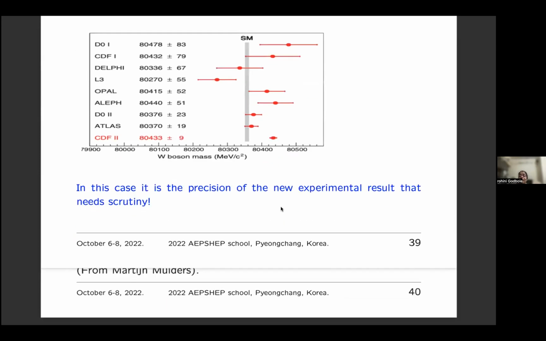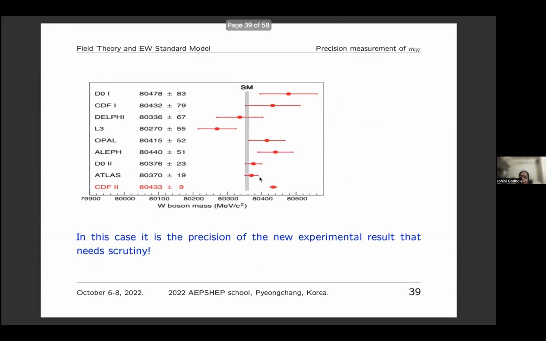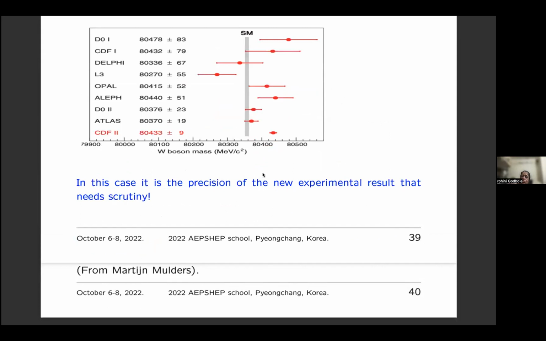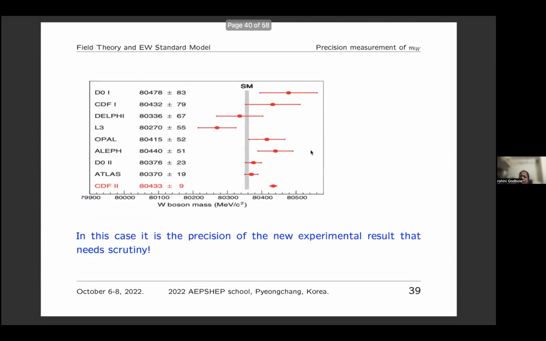So what this actually tells you gives you a good indication of the precision with which you have tested the standard model, and the precision to which you need to keep on making the measurements to be able to see some bit of room for non-standard physics here.